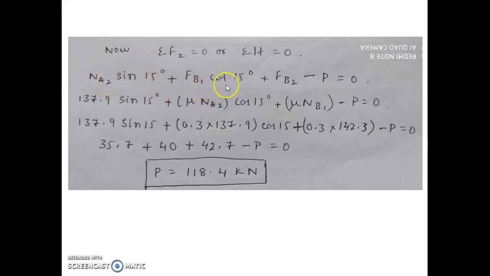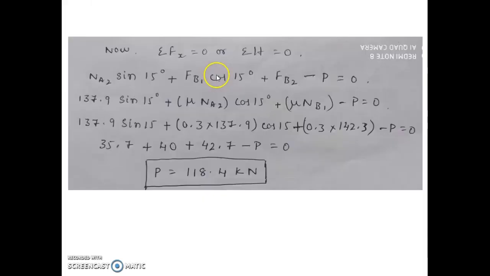Next, FB1 cos 15. This is FB1. It is inclined at an angle of 15 degrees with the horizontal. If I resolve the horizontal component, it will become FB1 cos 15 degrees and acting towards the right side.